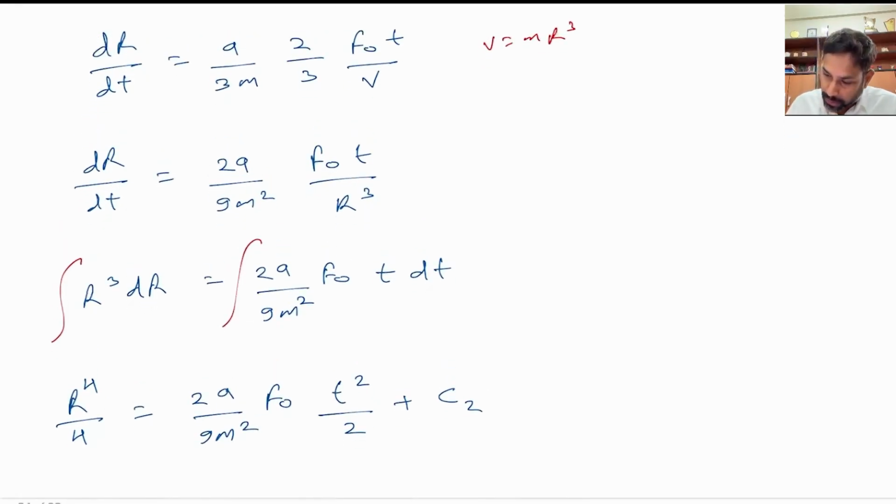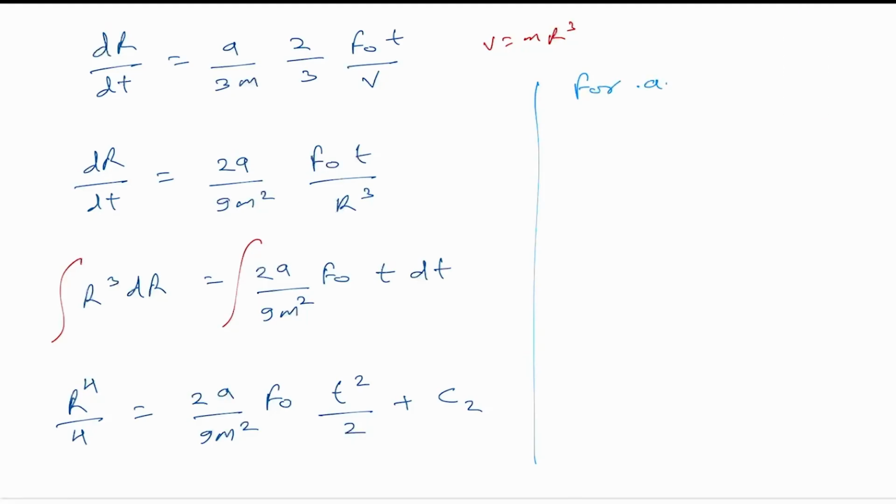Okay, so now for an ideal plume, as we did for the previous case, we assume v is 0 at t equal to 0.